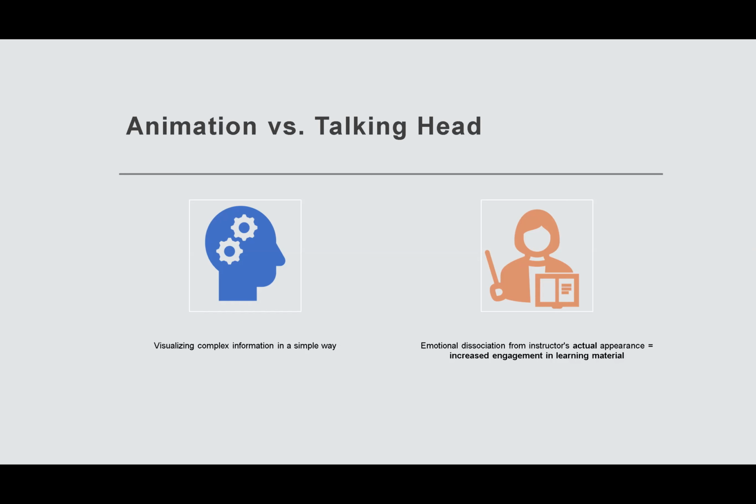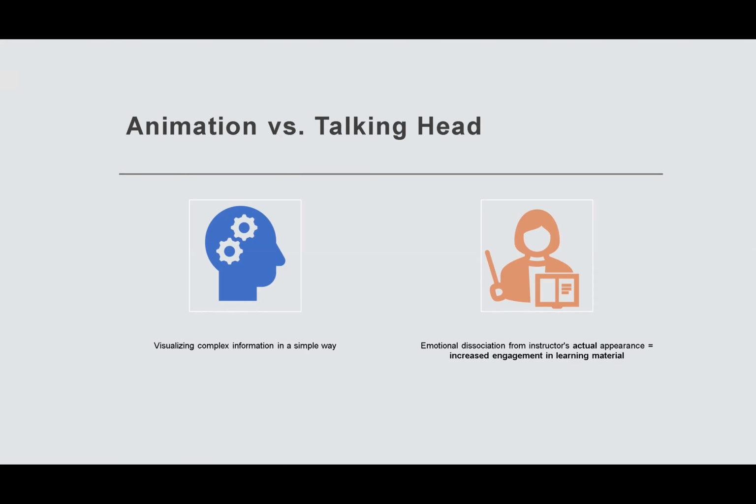Now, again, that seems contrary, right? But if you think about it, we're talking about what we want your emotion to focus on. Do you want it to be on you looking at me and seeing where I'm looking, what am I wearing, what's in my background, why am I rolling my eyes?